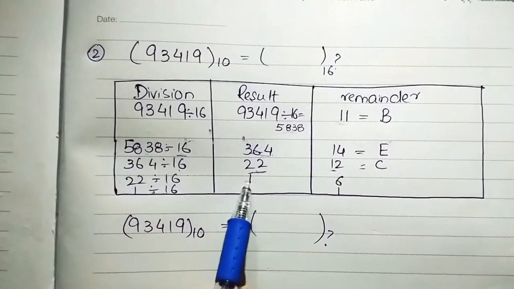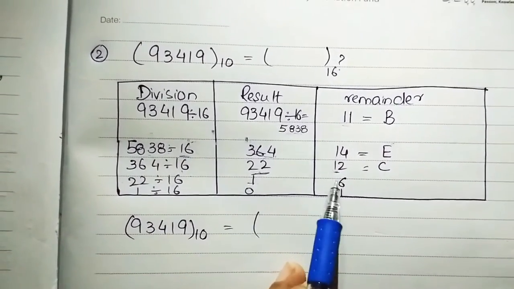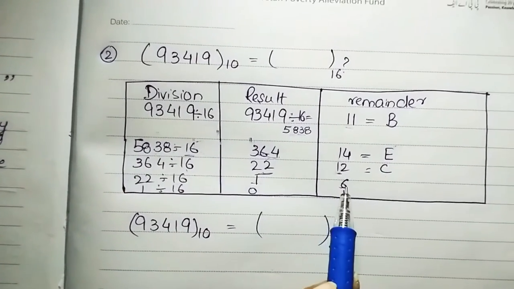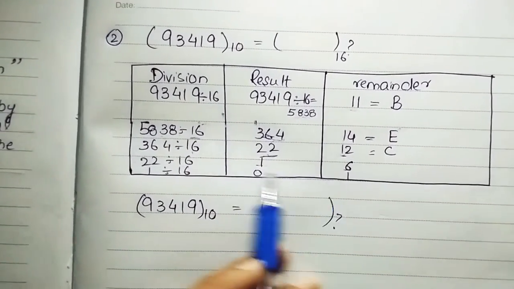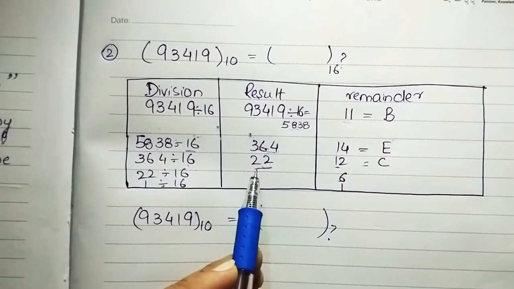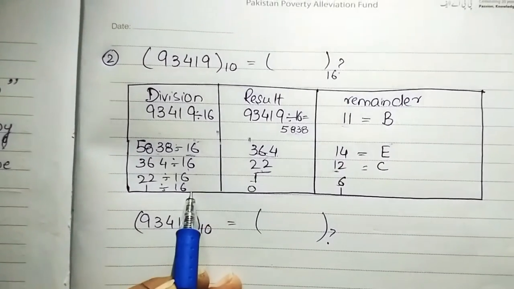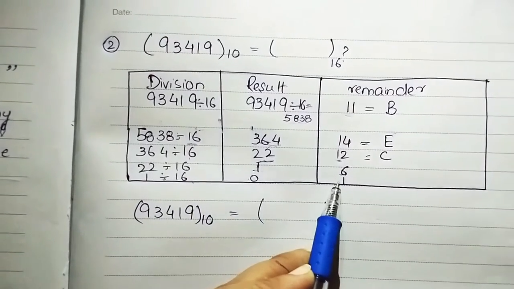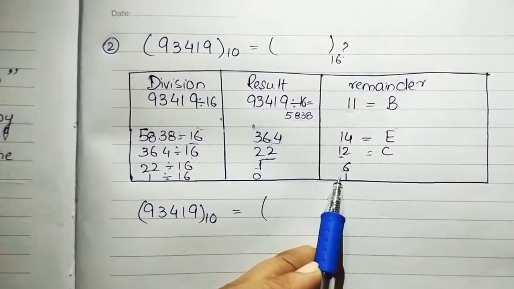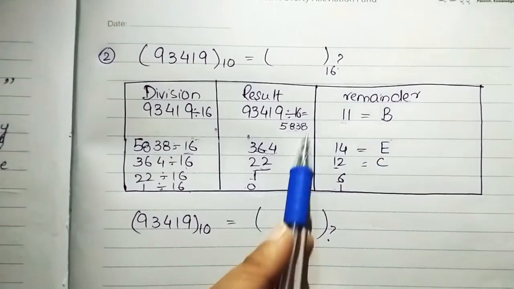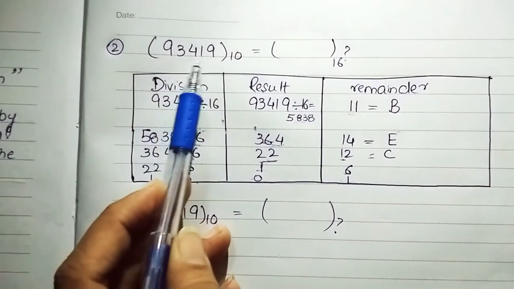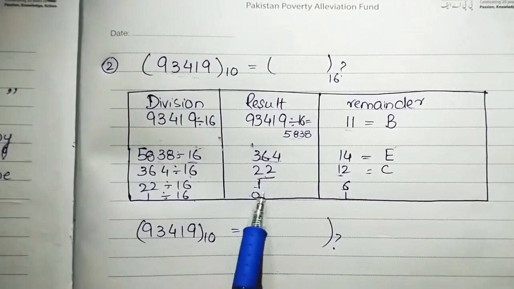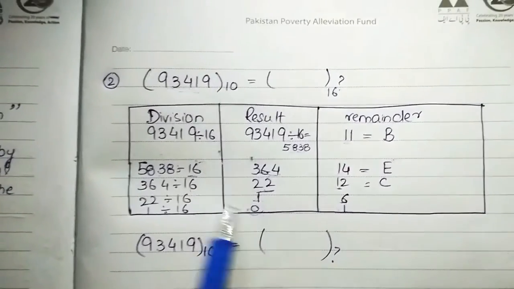The result is 1 and the remainder will be 6. 6 is equal to 6 in hexadecimal. So we will write here just 6. Now 1 divided by 16. 16 zeros are 0 and the 1 will be the remainder. So we get all these remainders by dividing this number again and again by 16 until we get 0 in the result.